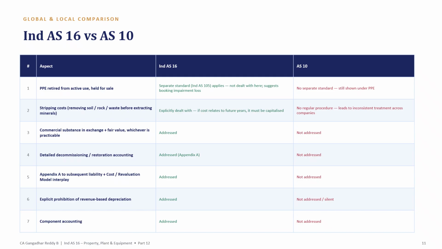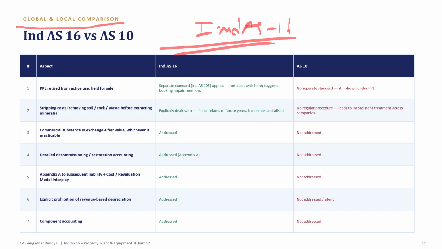And then the final part. This is not in the syllabus for Ind AS 16 for finals or IPCC students, but it is still required for MCQs, so they may ask.